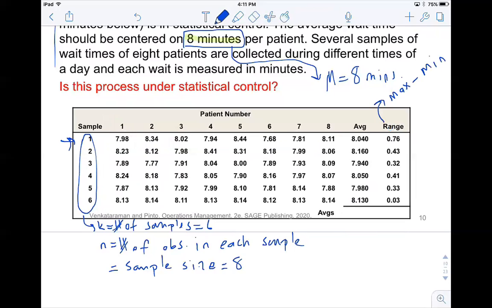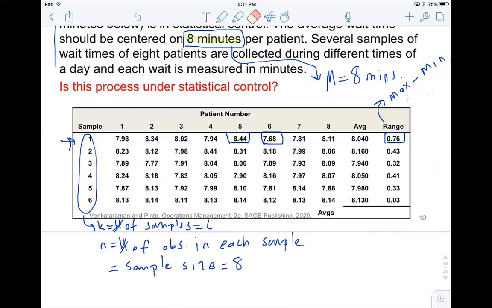If you focus on it, the max value is, I think, 8.44, and the minimum value should be 7.68, right? So if you take 7.68 out of 8.44, you would end up with this number. Okay, so this is how you do it.